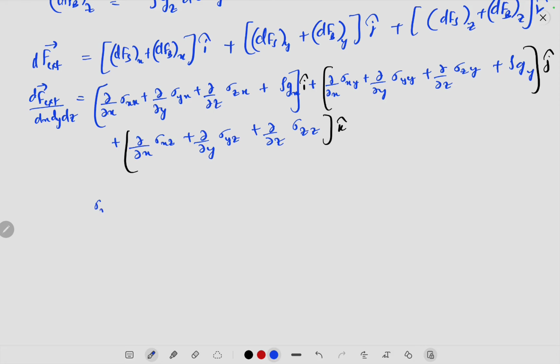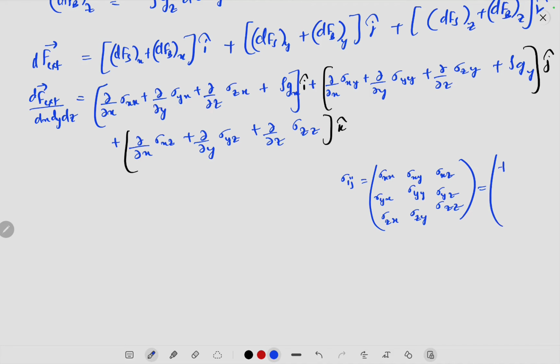Now since we know the matrix, let me just write it here. So we know sigma ij, which is sigma xx, sigma yy, sigma zz, sigma xy, sigma xz, sigma yx, sigma yz, sigma zx, sigma zy.